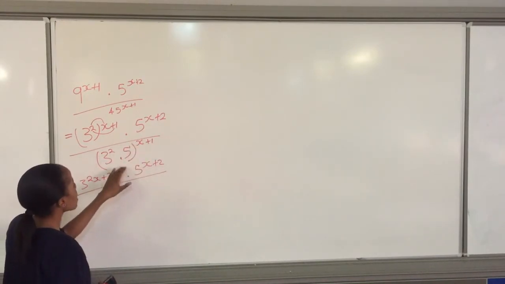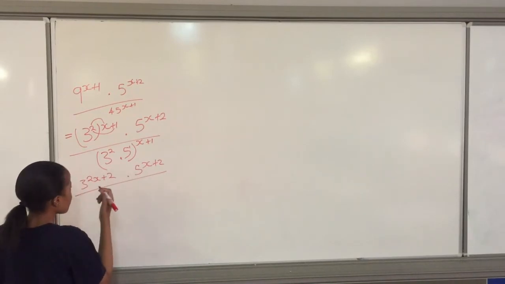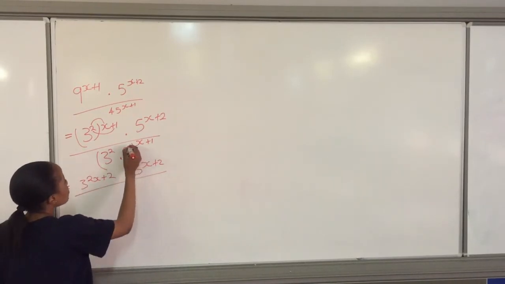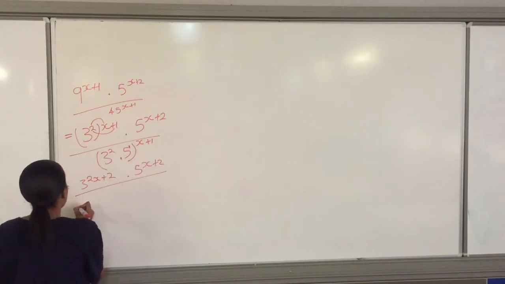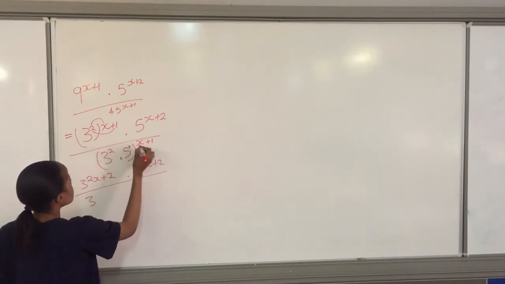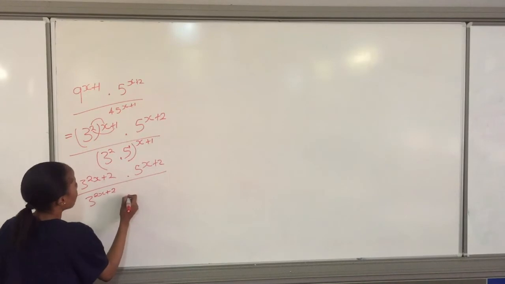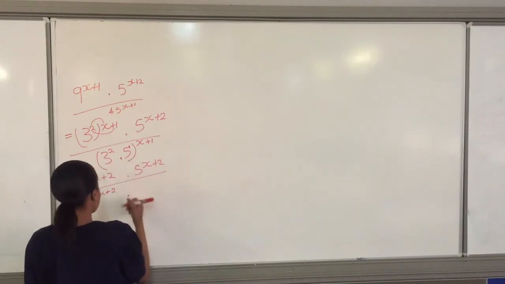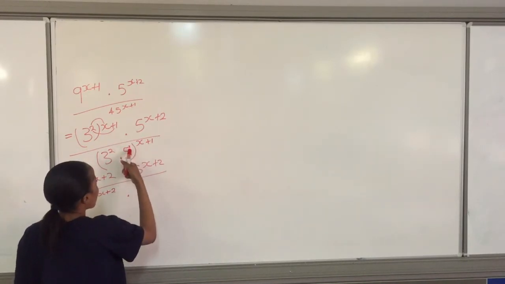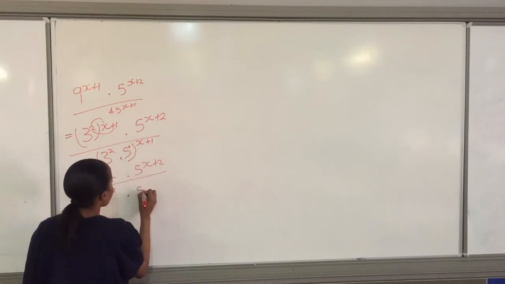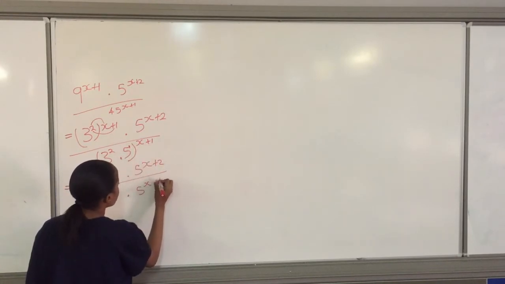You should just know that when you see a number, it has an exponent which is 1. So we're having 3, then 2 times x and 2 times 1, which is 2x plus 2, multiplied by 1 times x and 1 times 1, which is 5 to the power x plus 1.